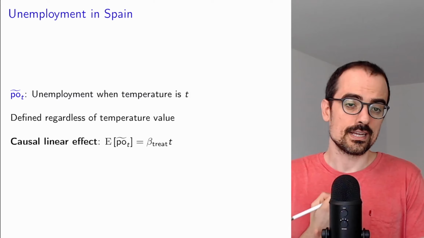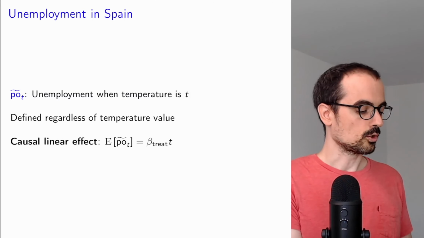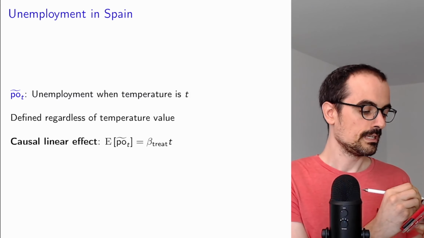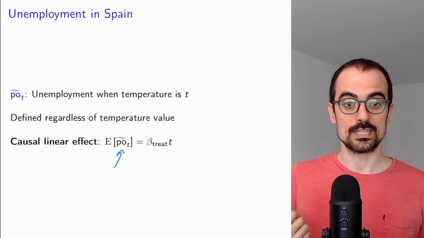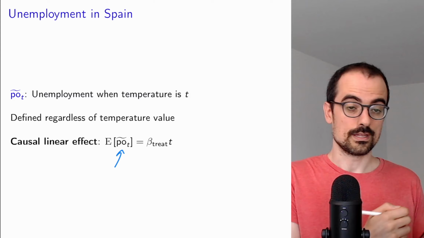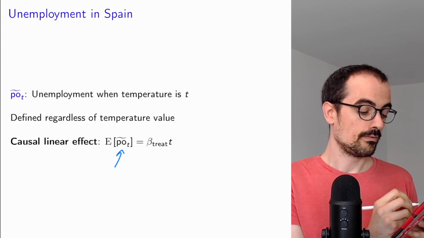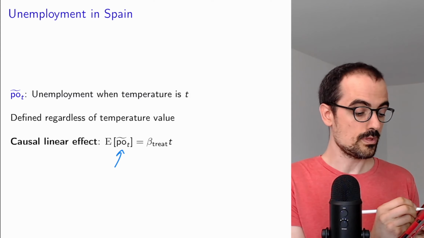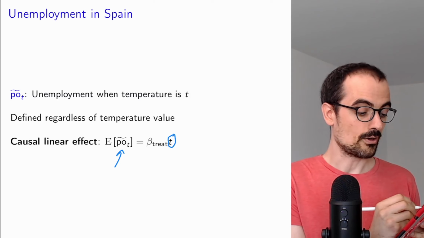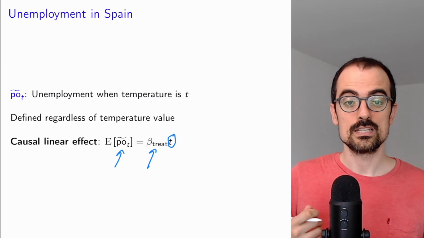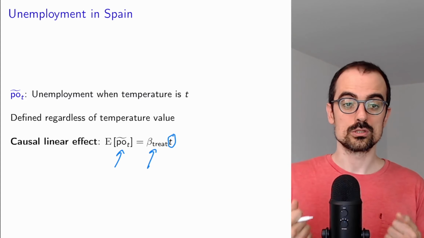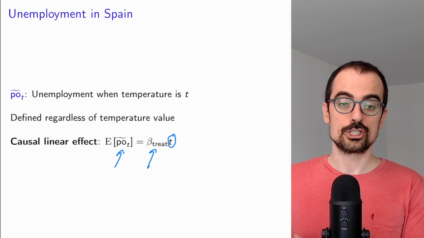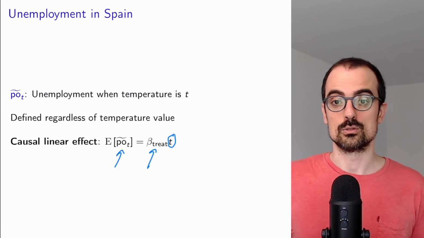And if that is the case, then we can check the causal linear effect by seeing if the mean of the potential outcome associated with the different temperatures is linearly related to the value of the temperatures. Now this coefficient in that case would tell us if there's a causal linear effect of temperature on the outcome, on unemployment.